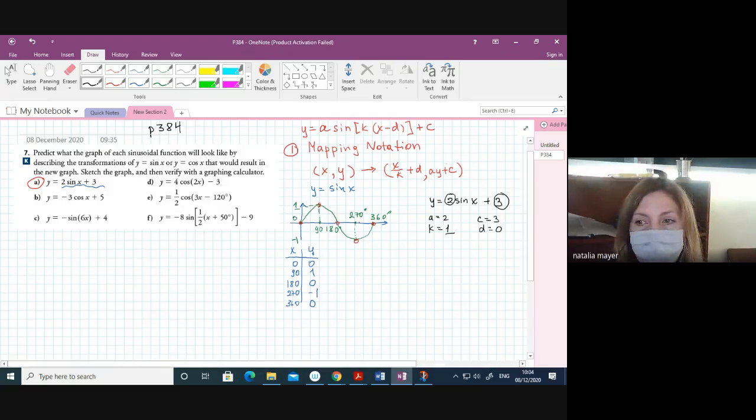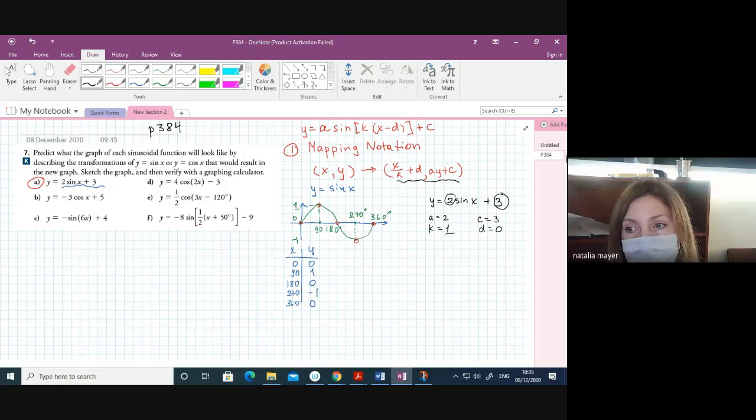Now, based on this, we can make up the mapping notation. Yes, please, Yusuf. Which one is 3, d or c? 3 is c, as you can see. It's the one at the end. Why isn't x written as an exponent?